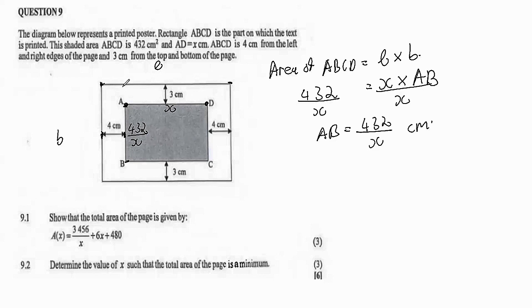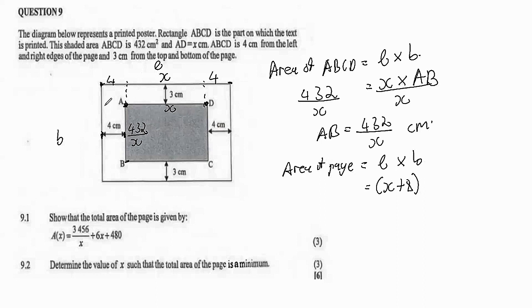So that means it would be the 4 here, and then the 4 here, and then the X. Now, when we add all this together, let's calculate the area of the page as length multiplied by breadth. The length will be the 4 plus X plus 4, which will give us X plus 8, right? And then what about the breadth?